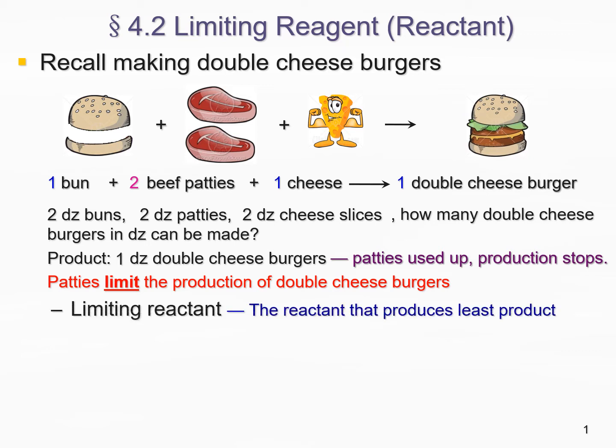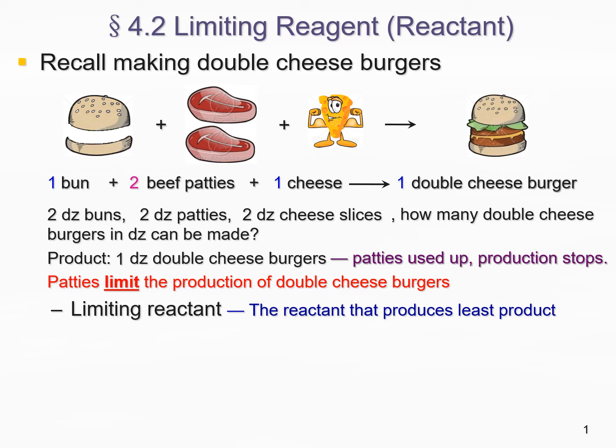So as we realize, it is the patty in this so-called equation, a combination reaction we call it. Beef patty is the limiting reactant, the reactant that limits the production of the product.